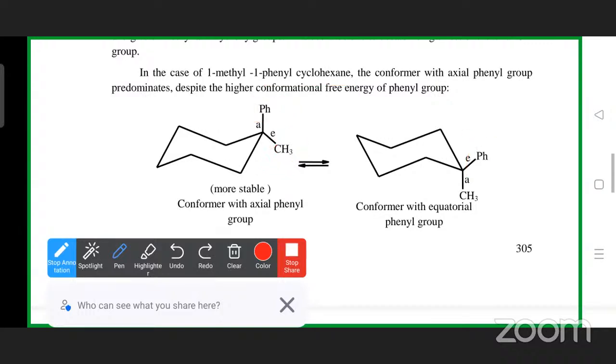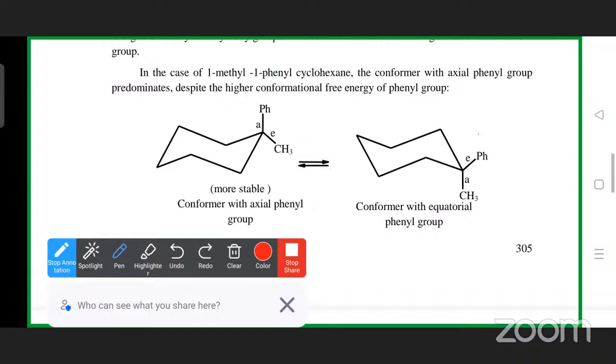In general, this is the most stable one. So this will be the less stable, and this is the most stable.